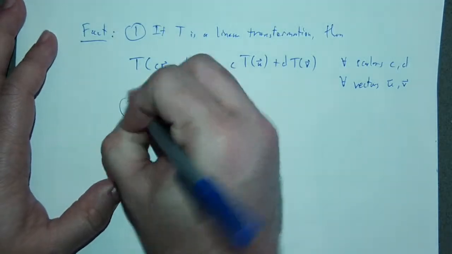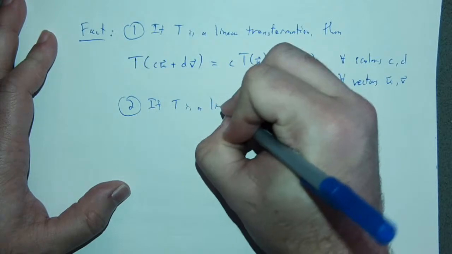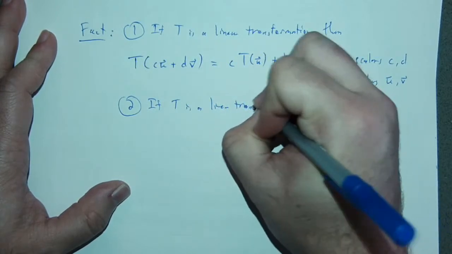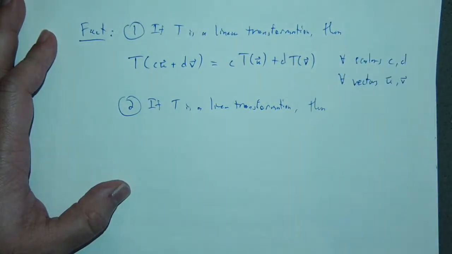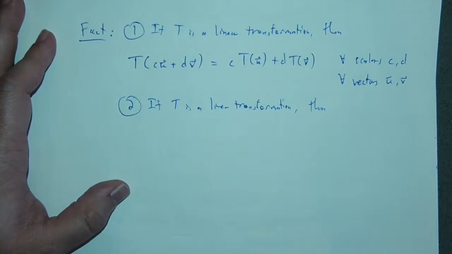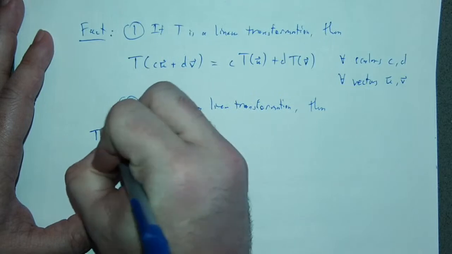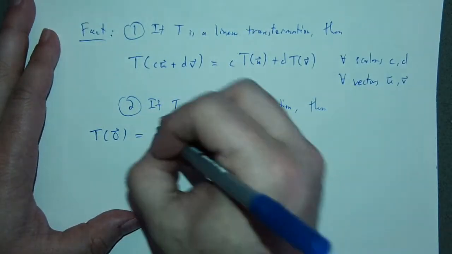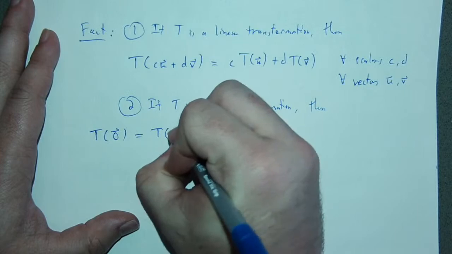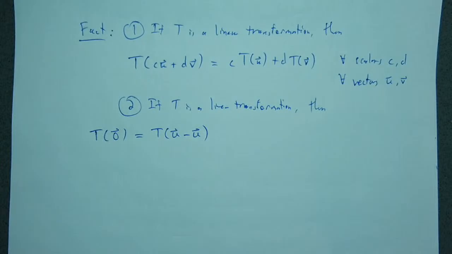But also, note that if T is a linear transformation, then because of this fact, what is T of the zero vector? Well, I could say T of the zero vector is the same thing as T of the vector U minus the vector U, right?